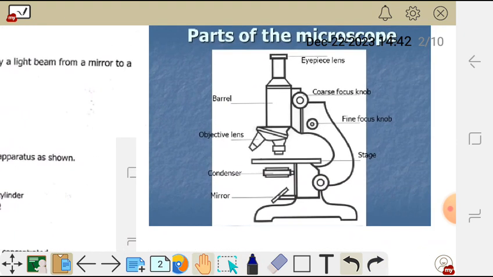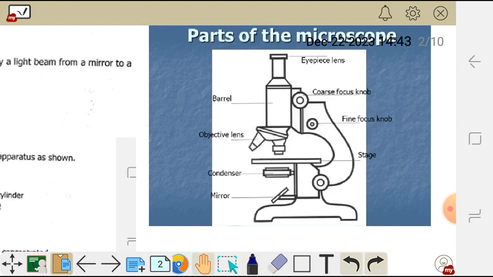So the light will start from the specimen on the stage. Then from there, the light is going to go through the objective lenses. Then from the objective lenses, it is going to pass through the barrel, then to the eyepiece. So the eyepiece is the last part. The second last is the barrel.